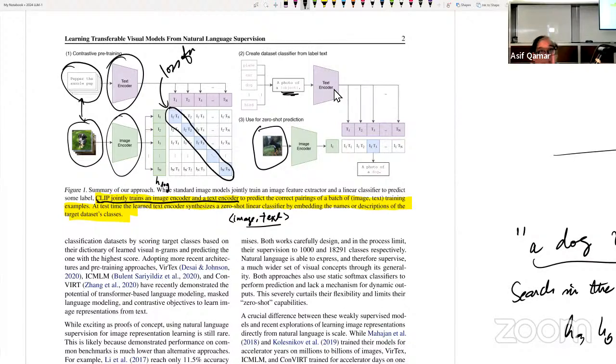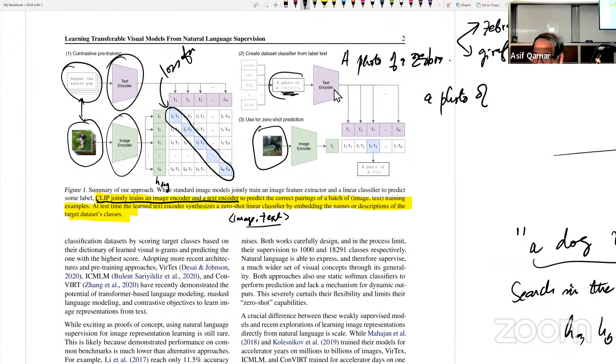Say you want zebra and giraffe. Easy. I will create a sentence: a photo of a zebra, a photo of a giraffe.